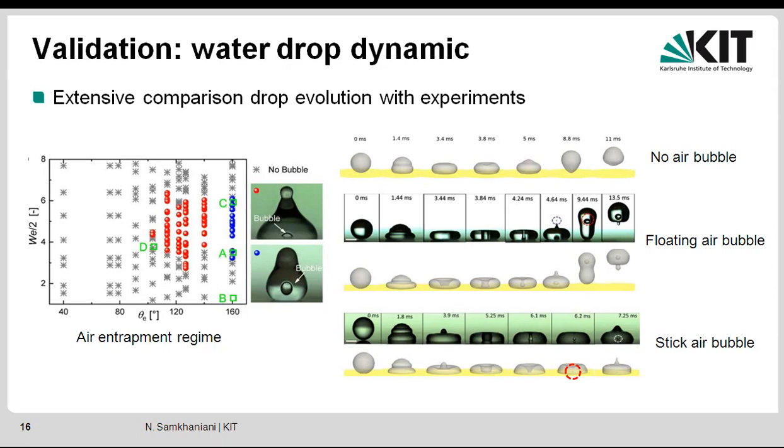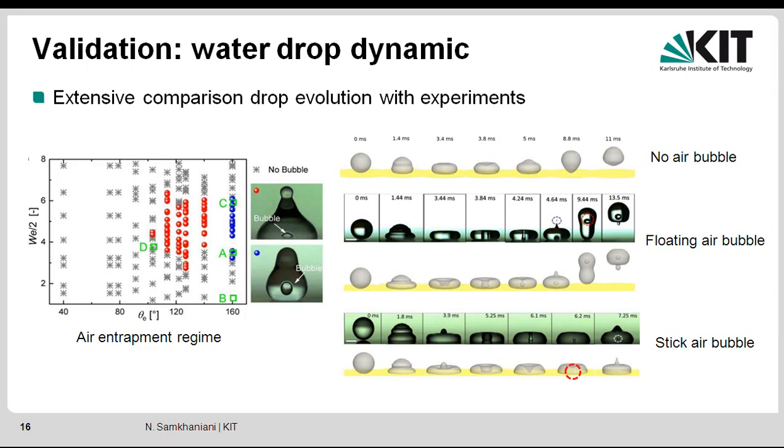For the validation, we consider the water drop impact, and we made simulations for various contact angles and Weber numbers, and we get good results for a different range of study. And also we could get the whole detail of the physics.